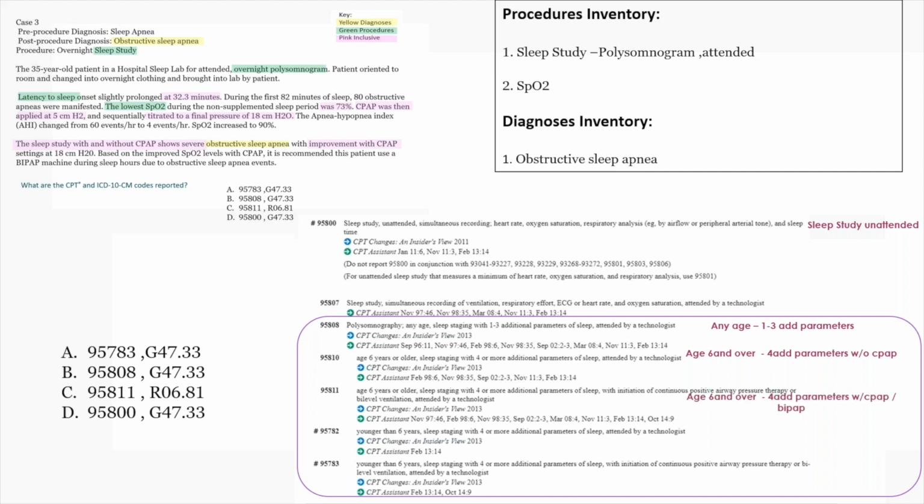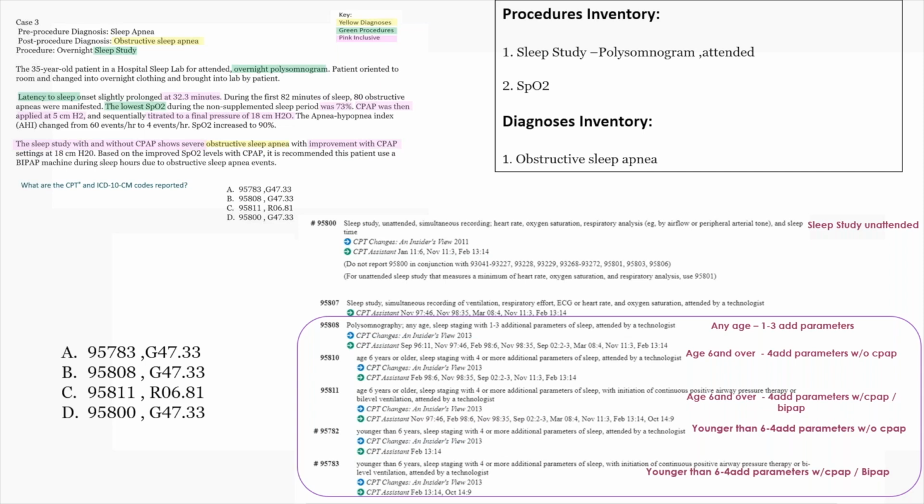And 95811 is coding for age 6 and over once again, also measuring 4 additional parameters, but a CPAP or BiPAP treatment therapy will be used. The next one, 95782, is coding for age younger than 6 with 4 additional parameters without any therapies like CPAP or BiPAP.